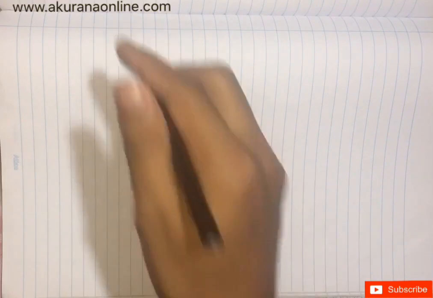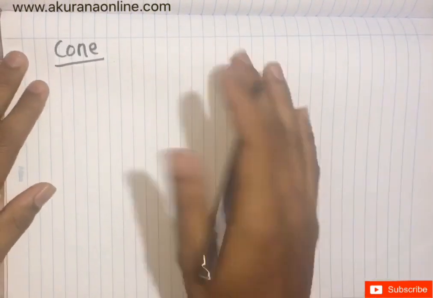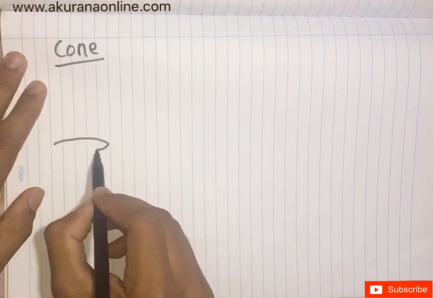Okay, the next part is we are going to find the volume of a cone. Now even for this there is a relationship. We'll check what is that relationship. Okay, now first of all I will draw a cone. So say a cone is given.